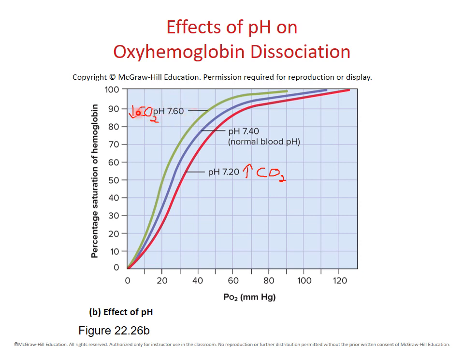And so this tissue is probably well oxygenated and doesn't need a lot of oxygen at the moment. And so what happens? The curve shifts up, and once again we see that the hemoglobin's affinity for oxygen increases, and it ends up not delivering as much oxygen to the tissues.